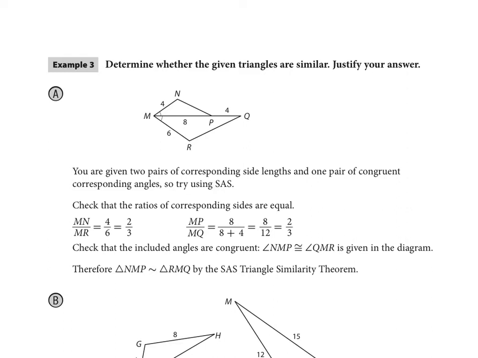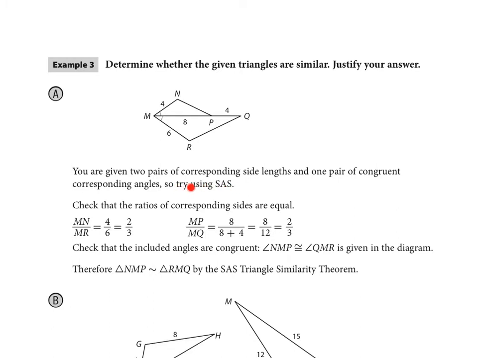What I can see is an angle that's marked congruent in each triangle, and it looks like I do have the full side lengths of the two sides that include that angle. So let's read through here. It says you are given two pairs of corresponding side lengths and one pair of congruent corresponding angles. So we're going to try using SAS.